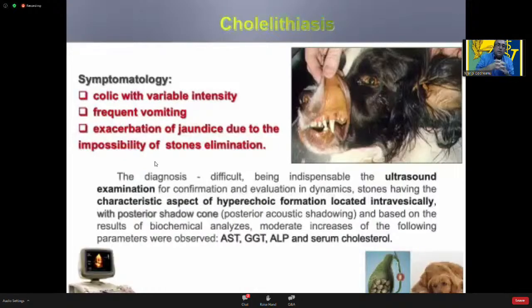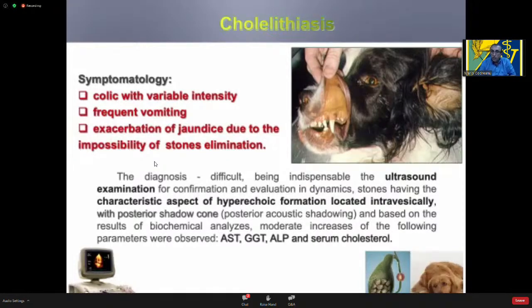Regarding the clinical expression, the symptomatology, it's important to notice that in such cases, abdominal pain and colic syndrome are well expressed, but considered with variable intensity. From my clinical experience, I can say that in many cases, the pain is well expressed.